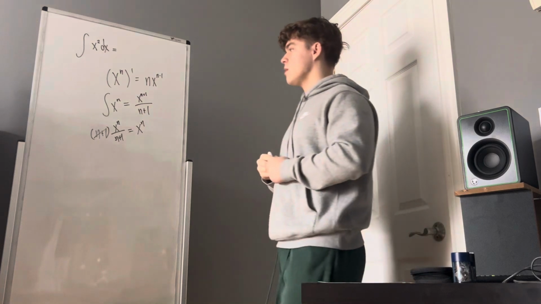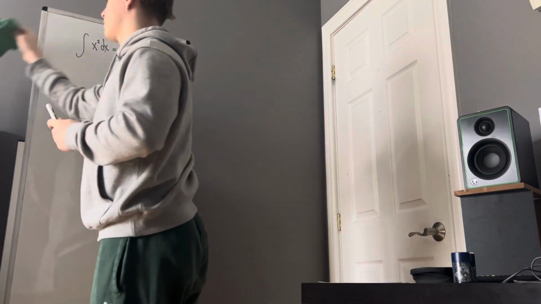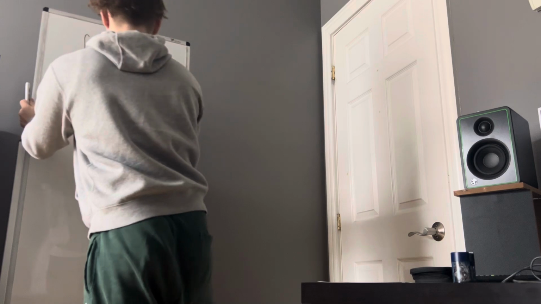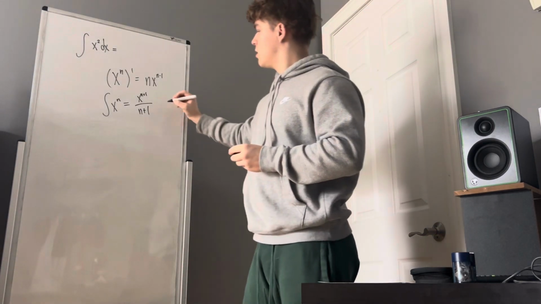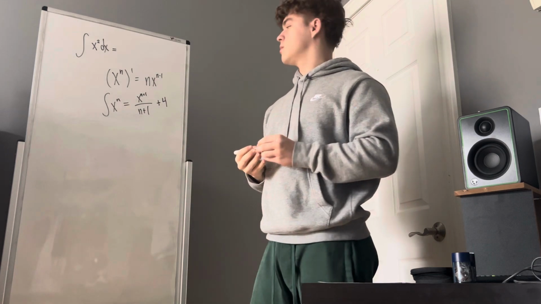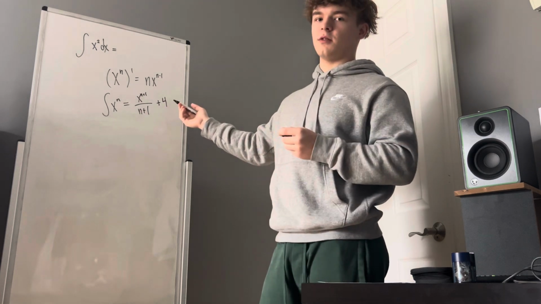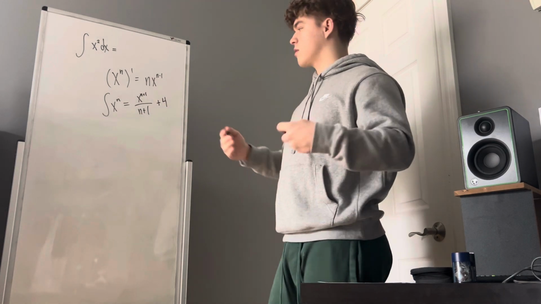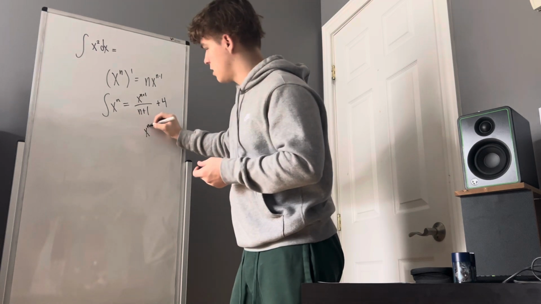But let's say we were deriving x to the n plus 1 over n plus 1 plus 4. What would we get? Well, the 4 would become 0, because if you derive a constant, you get 0, so you'd also get x to the n.